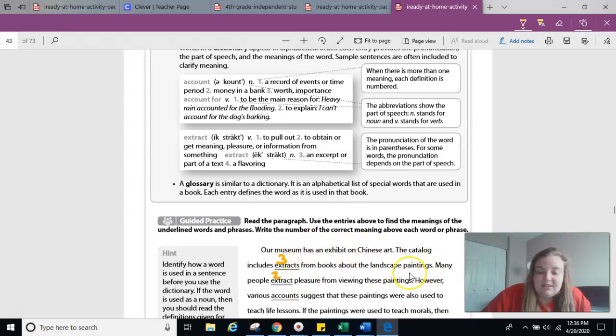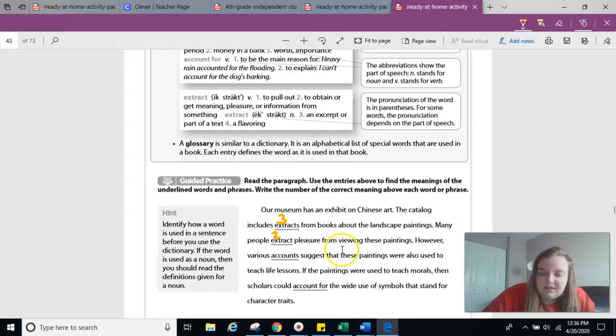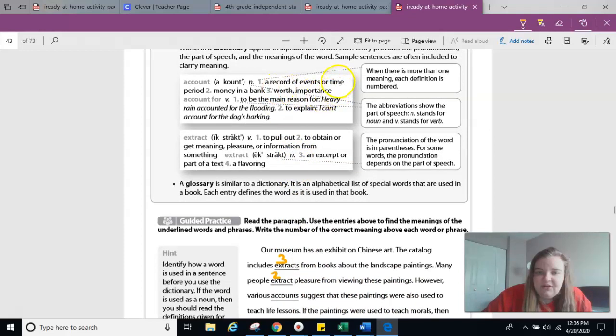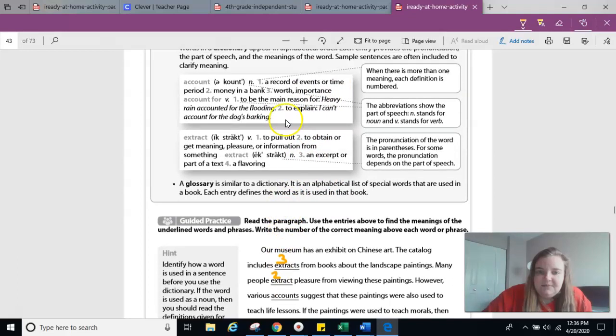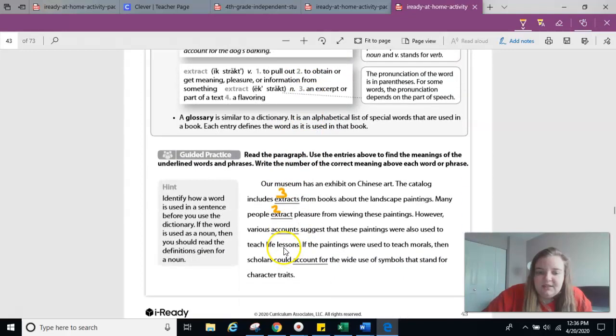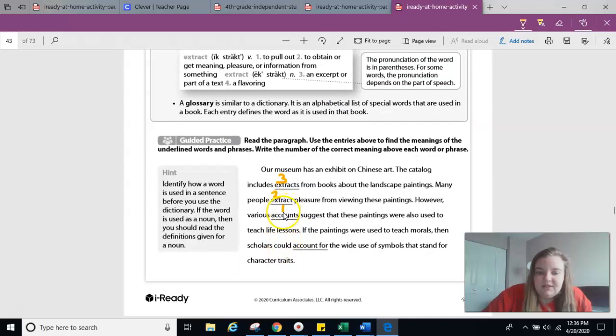So this is a Chinese art, right? Various accounts. So a record of events or a time period makes the most sense to me. So number 1, because they are talking about the times from Chinese art that used to teach life lessons, okay?